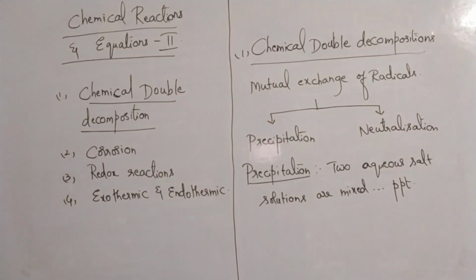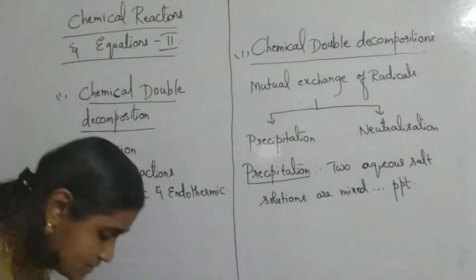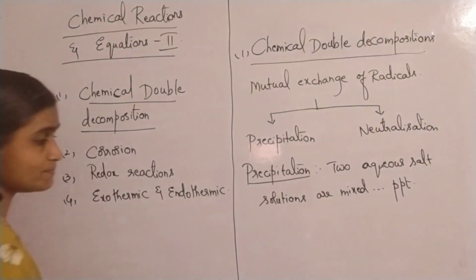So what are the different examples of precipitation reactions? You have to learn certain examples, and you also have to remember the color changes you get in these reactions. Let us learn certain examples.